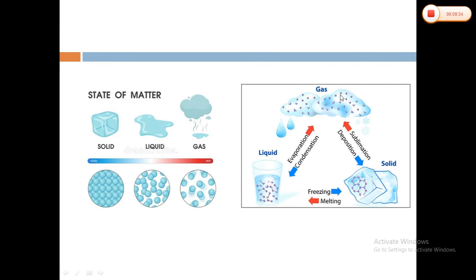Likewise, gas can be converted to solid by a process called deposition. In the opposite manner, by sublimation, solid can directly convert into gas. Solid can also be converted to liquid by melting. Again, the liquid can be converted to solid by freezing. So these are the three states of matter. It can be converted into one form or the other.